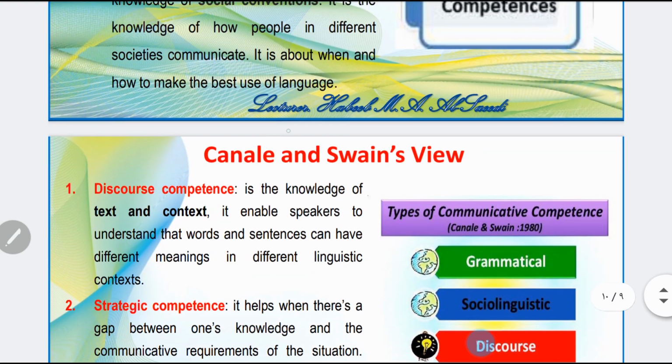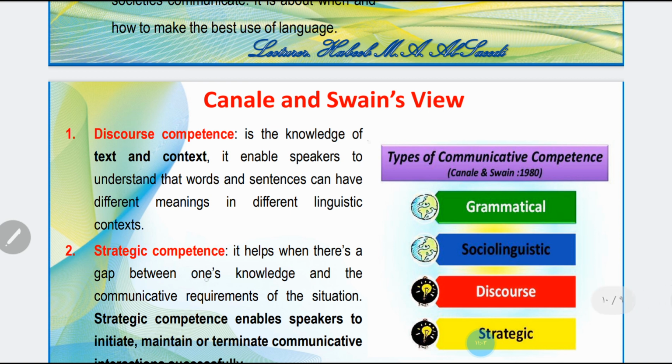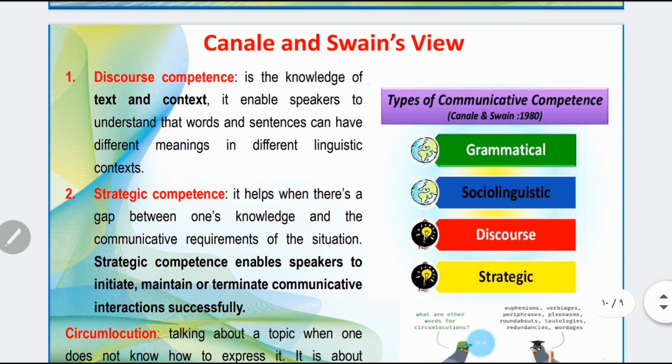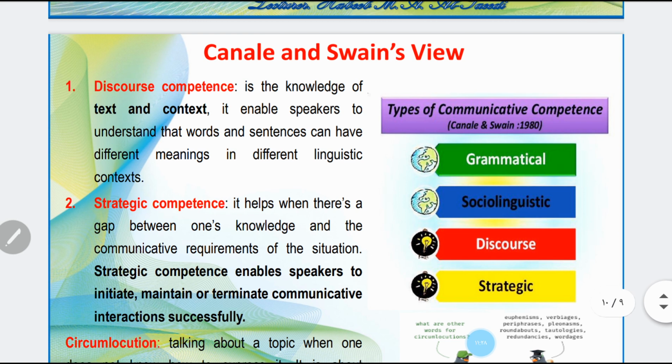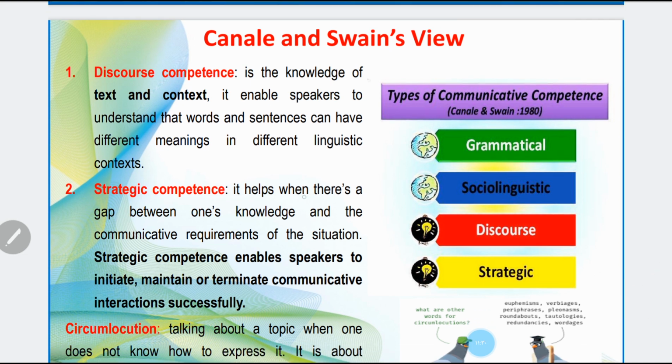Number three and number four on this slide. Discourse competence is the third one, the knowledge of text and context. It enables speakers to understand that words and sentences can have different meanings in different linguistic contexts. For example, when I say close the door, versus they are sitting close to each other, or they have a close relationship.